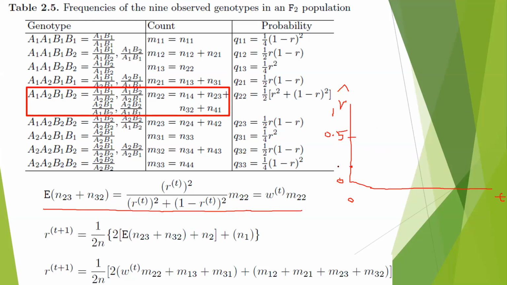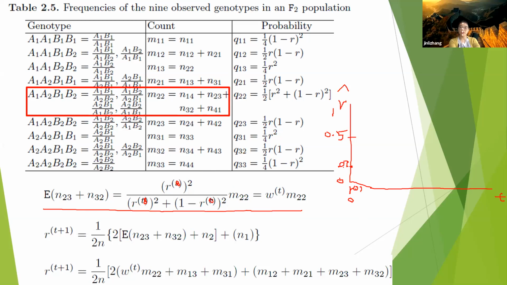Let's give 0.2 to R0. Now this becomes R0, the starting value.